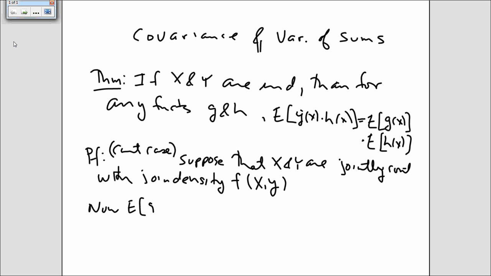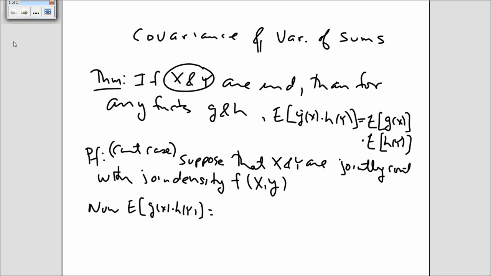Okay, so we have the following. E of g of X times h of Y. Excuse me, this is the big typo that I have. It's h of Y, because we have two random variables, X and Y. Sorry about that.